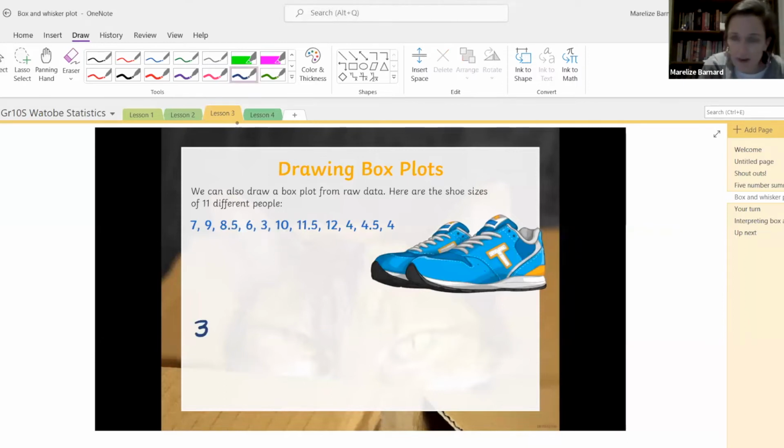I'm just going to write the data down, and you are welcome to copy this, because I think you all know how to arrange data from smallest to biggest. But it's important that you always do that, or always check first that the data is like that. Otherwise, it will give you the wrong results.